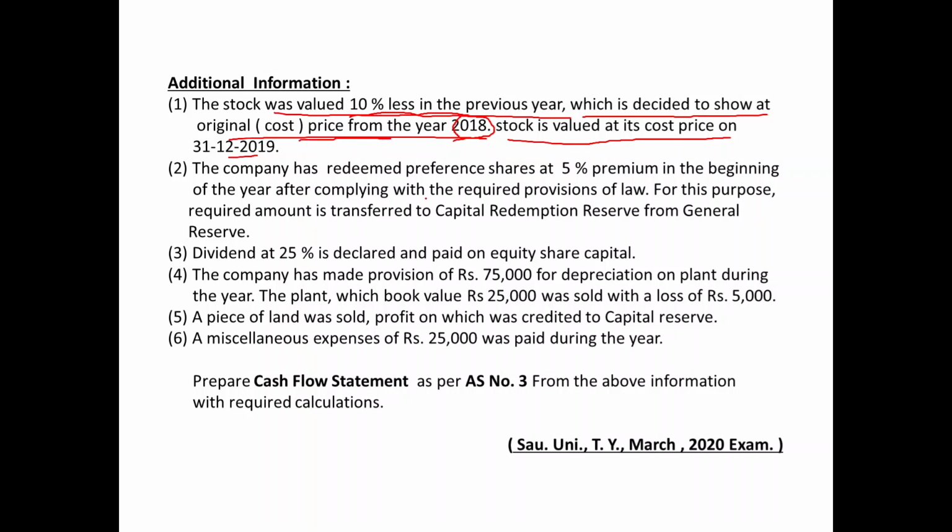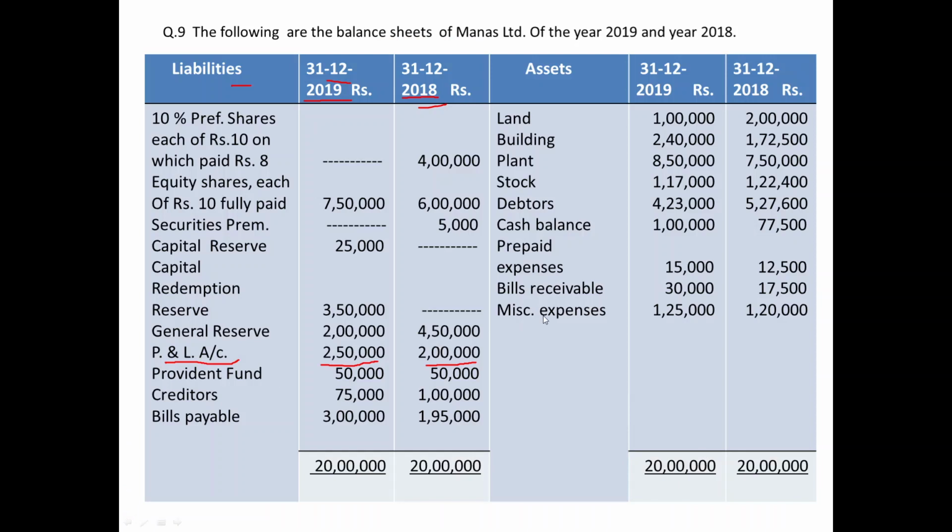So we need to pass a rectification entry for the valuation of closing stock of the last year, or you may say opening stock of the current year. Have a look on the asset side. Stock current year 1,17,000 and the last year 1,22,400.